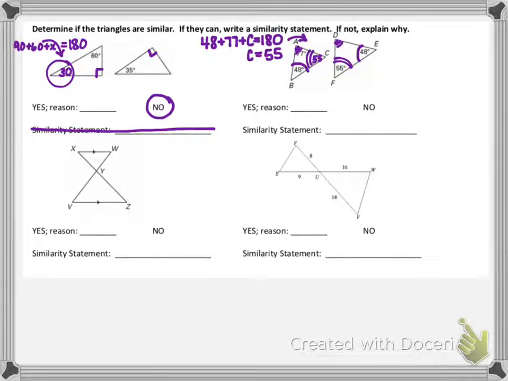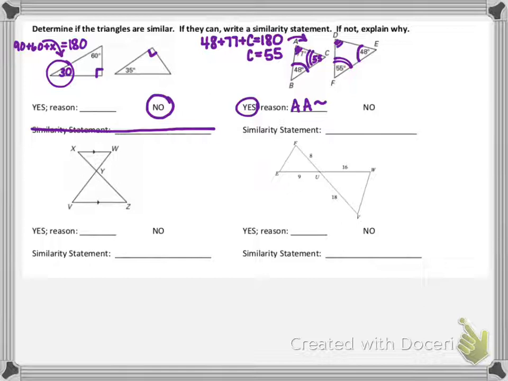So, are they similar to each other? Yes, because I have two angles congruent to each other, so it's angle-angle similarity. Remember that little squiggle means similar. So the similarity statement just says triangle this is similar to triangle this. We used to do it all the time with congruent statements.